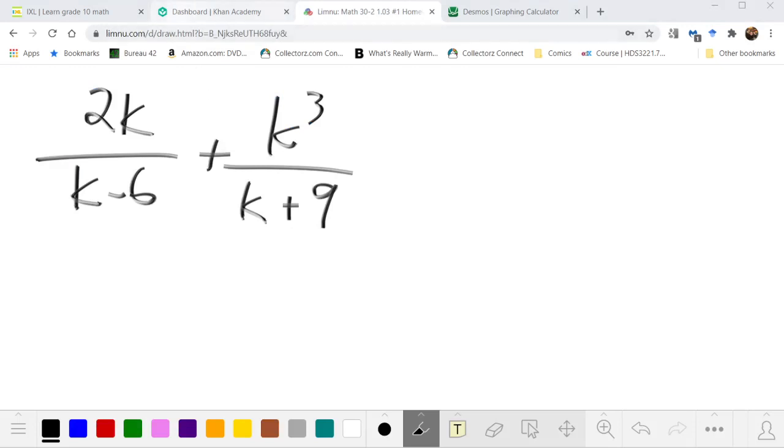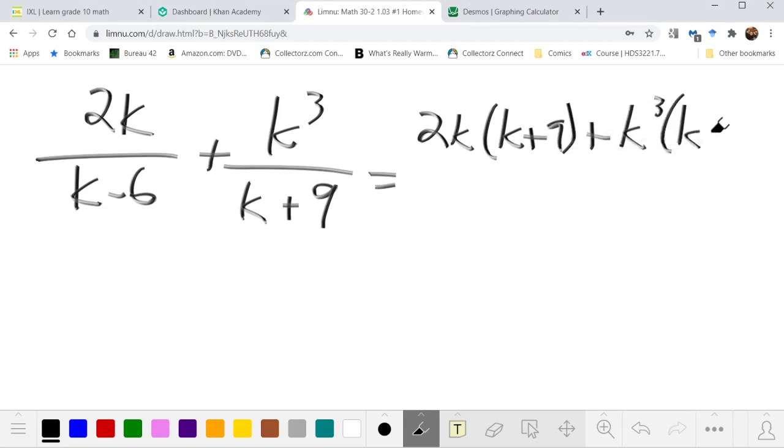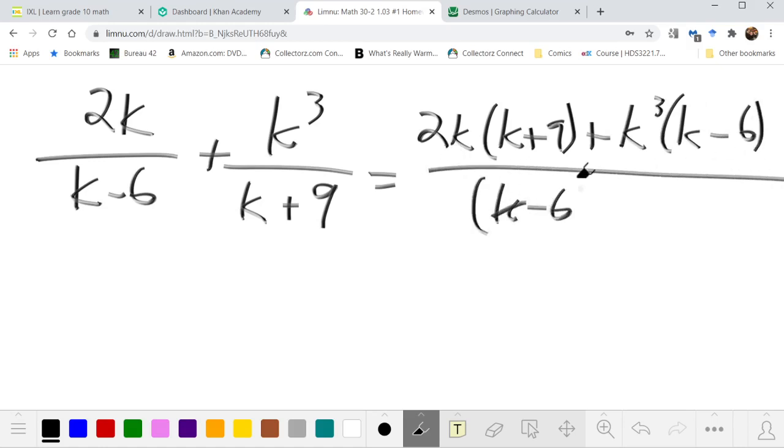In this case, our common denominator will be k minus 6 times k plus 9. So we will have a 2k times k plus 9 and a k cubed times k minus 6 over the common denominator of k minus 6 times k plus 9.